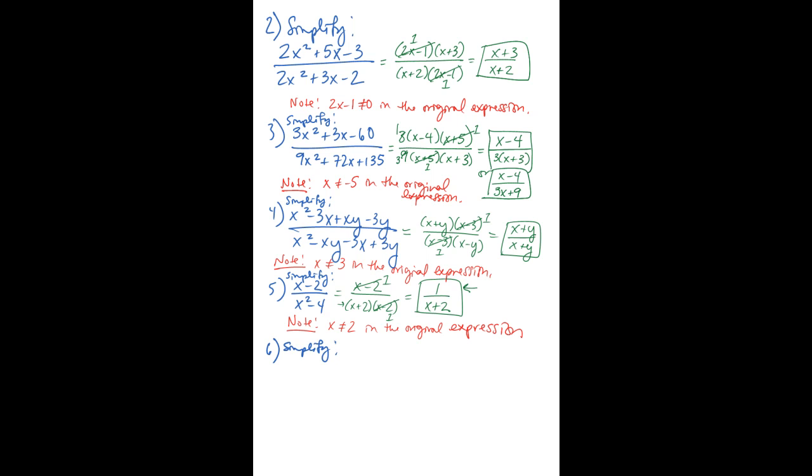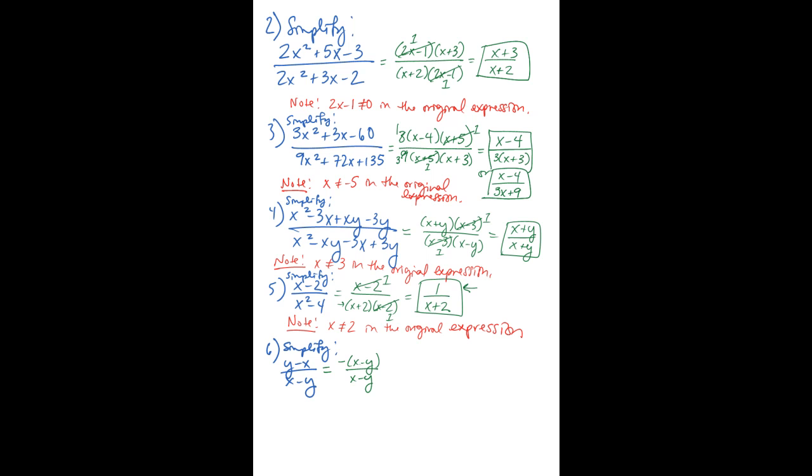Suppose we'd like to simplify y minus x over x minus y. Well, we may notice that we can take one of them and rewrite it as negative 1, so y minus x is really negative x minus y. And then x minus y on top, x minus y on the bottom.